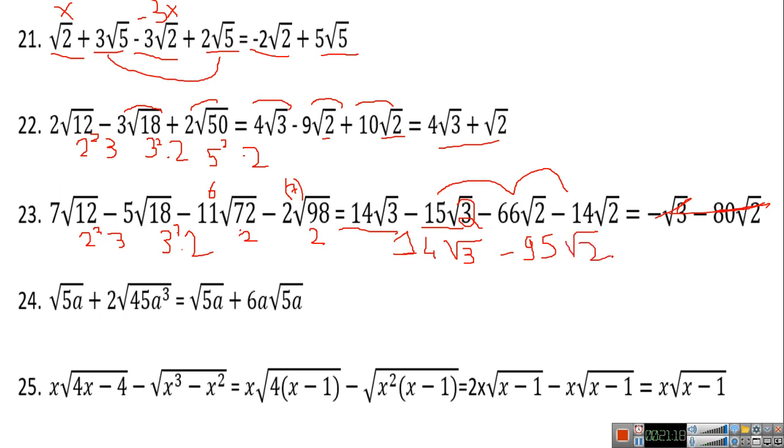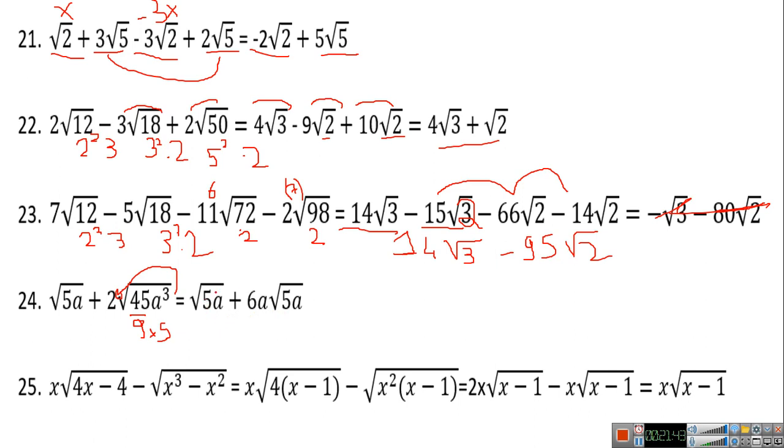Okay, very easy. Here I have 45. 45 is 9 times 5. Root 9 is 3. 9 times 5 or 3 squared times 5. Root 9 is 3. 3 times 2 is 6a root, and a goes out because you have power 3 if you divide it. So here I cannot add. Why?